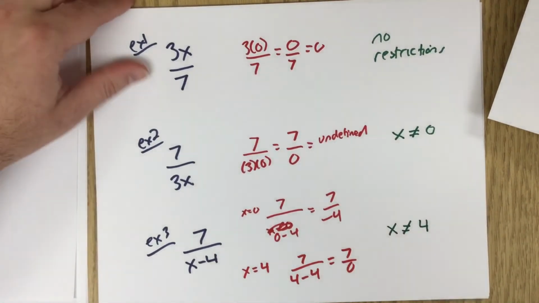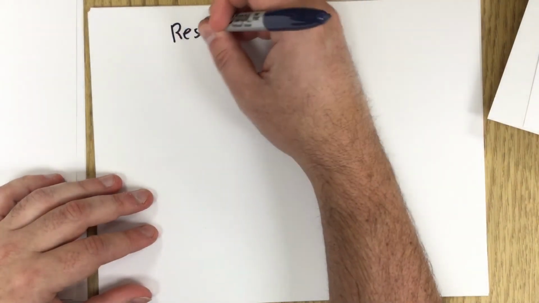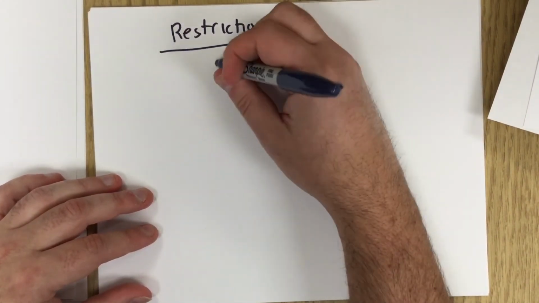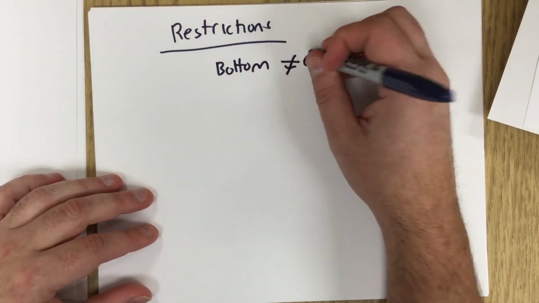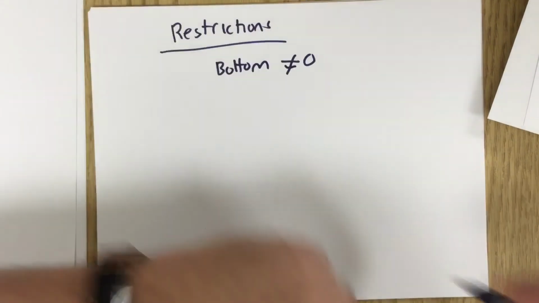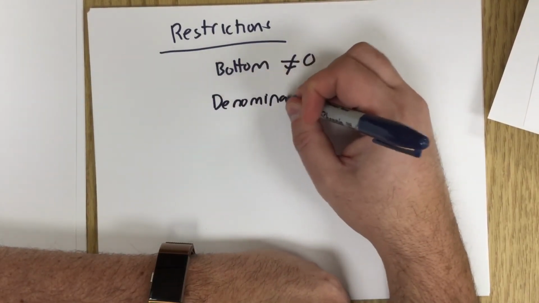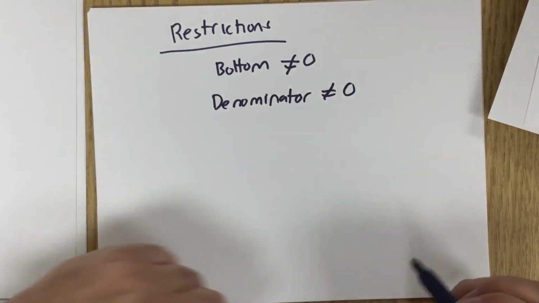Now sometimes that may be hard to calculate, so kind of an unofficial formula here for your restrictions might be that the bottom is not equal to 0. Or to be a little more mathy, we could say that the denominator is not equal to 0.